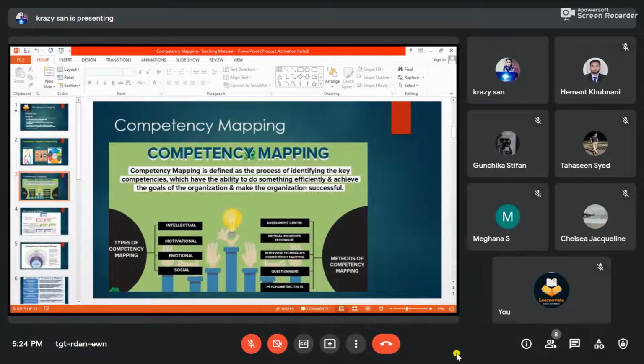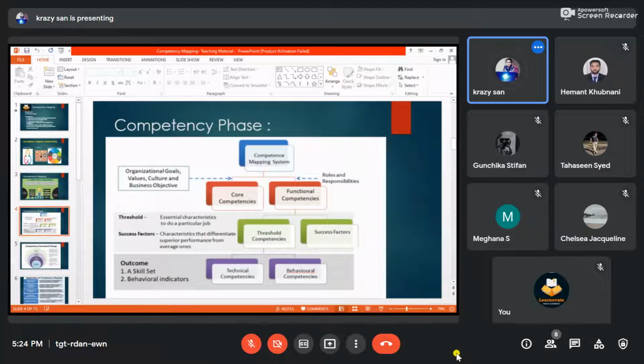Yes, ma'am. Okay. When you get associated with a particular core HR career, how do you identify or go about the competency phases? Competency mapping always has a system to be followed in an organization, with core competencies and functional competencies.